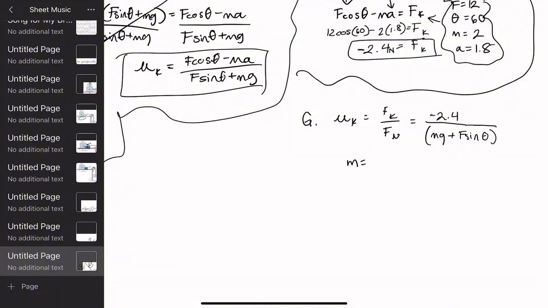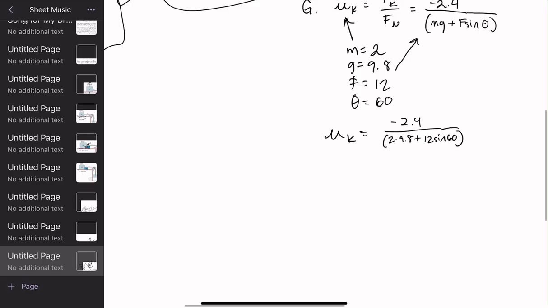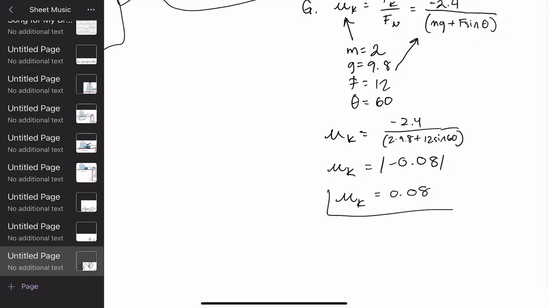So we're given these variables: m equals 2, F equals 12, and theta equals 60. So we just plug those in to solve for mu. And then we should get negative 0.08. But I'm just going to take the magnitude because it's just a coefficient and it doesn't need direction.